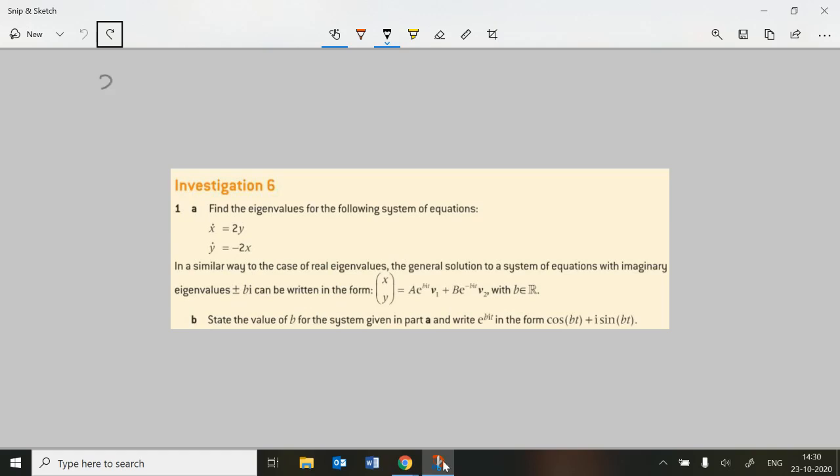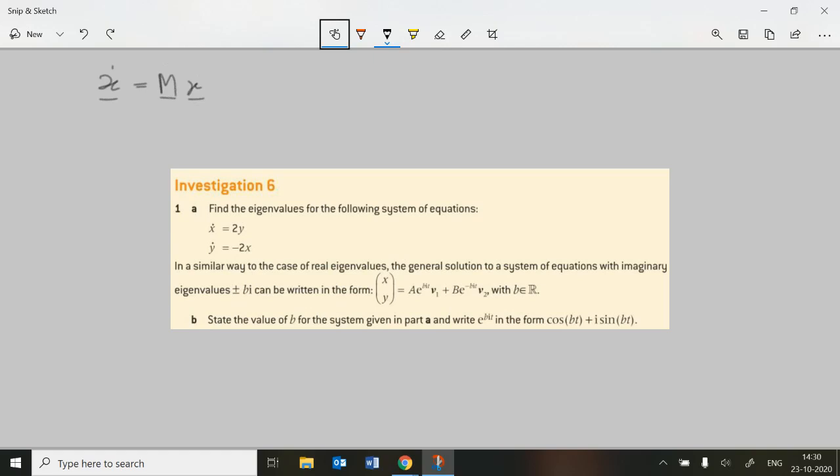Remember, of course, we have x dot as a vector equal to the matrix times x, and x is your xy vector. We're trying to find the solutions of this, and we're using eigenvalues and eigenvectors to sort this one out. So we're going to find the solutions first of all for the eigenvalues.